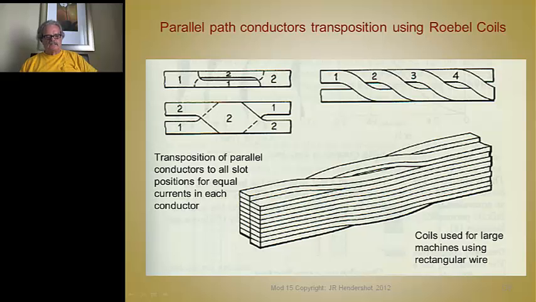We're not showing the end winding to connect this to the other sides, but these are all parallel strands for the same turn, and you want the current to flow equally in all of these. To get it to do that, because of the proximity effect and the difference in inductance from the bottom of the slot to the top of the slot, you transpose each one of these conductors back and forth. So every one of these occupies every position in the slot.